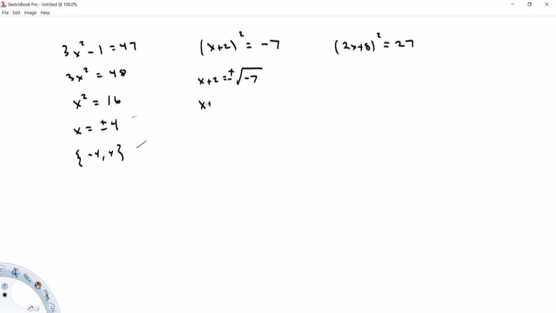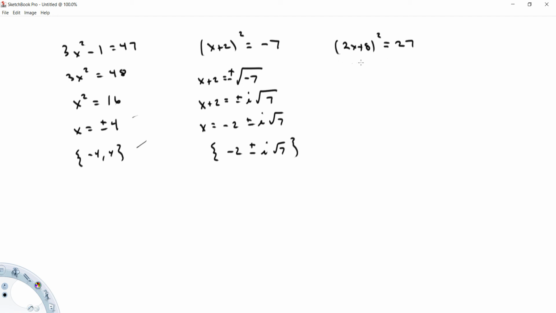That's x plus 2 equals plus or minus i root 7. And now we'll just subtract the 2. So x is going to equal minus 2 plus or minus i root 7. So this one has complex solutions. If we write this in set notation, I would just write it like this: the set minus 2 plus or minus i root 7, just fine.